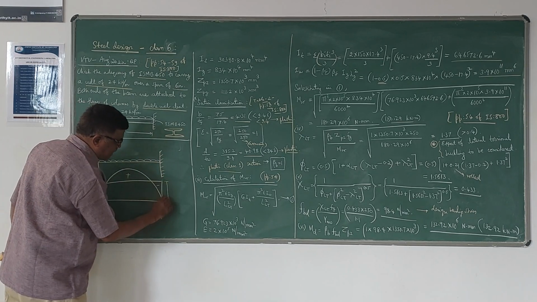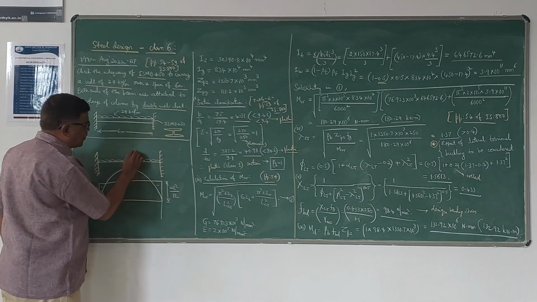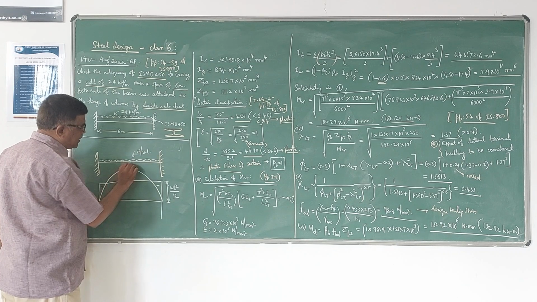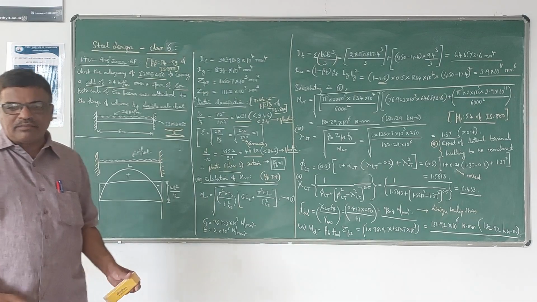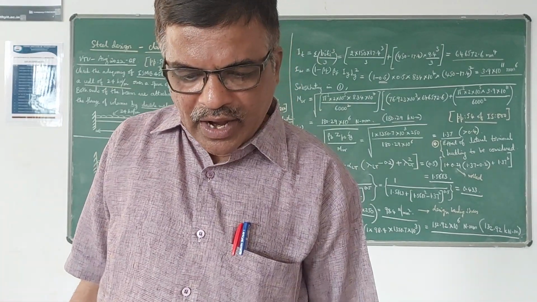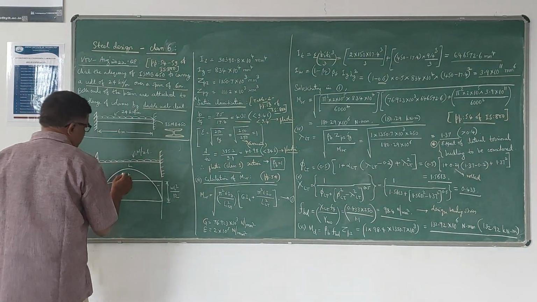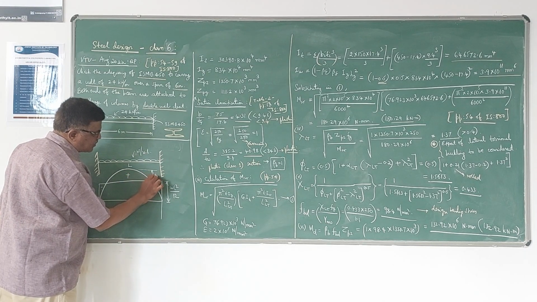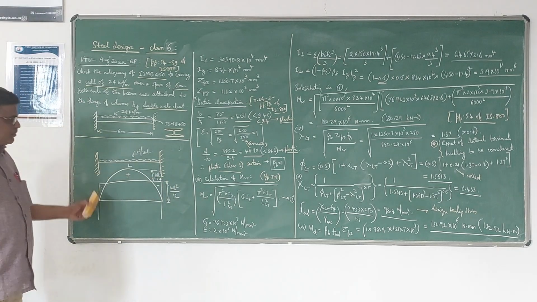Please note that this value is W L square by 12, where W is the load per unit length, the UDL, and L is the span. W L square by 12 is the maximum hogging bending moment you are going to get, and the maximum sagging bending moment will be W L square by 24. This we can get from the stiffness principle, but better you remember the values.